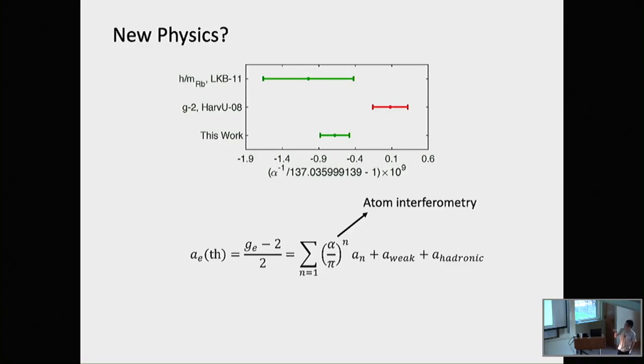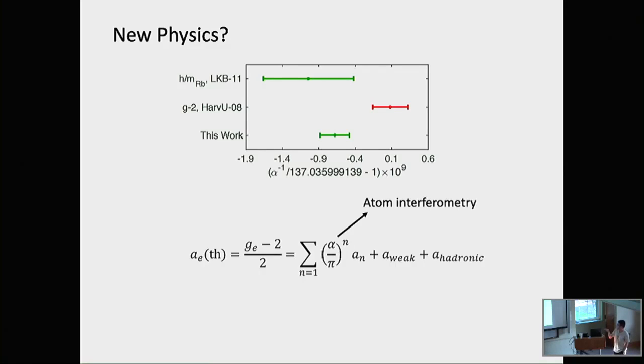So now let's look at these measurements again. These are the 3 most accurate measurements. Something interesting is happening here. First, you can see that our work agrees very well with the rubidium measurement at LKB. That's a good thing because they are quite similar. But you can see there's a slight difference between our work and the Harvard g-2 measurement. So what does this difference mean?